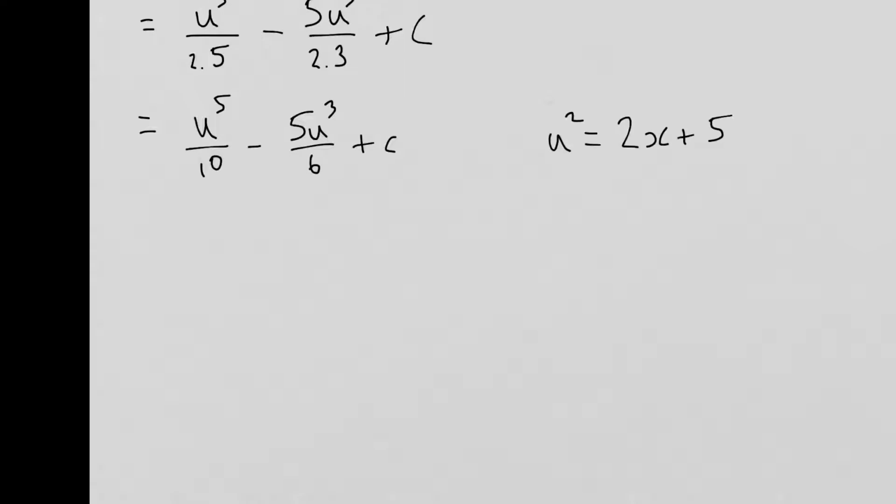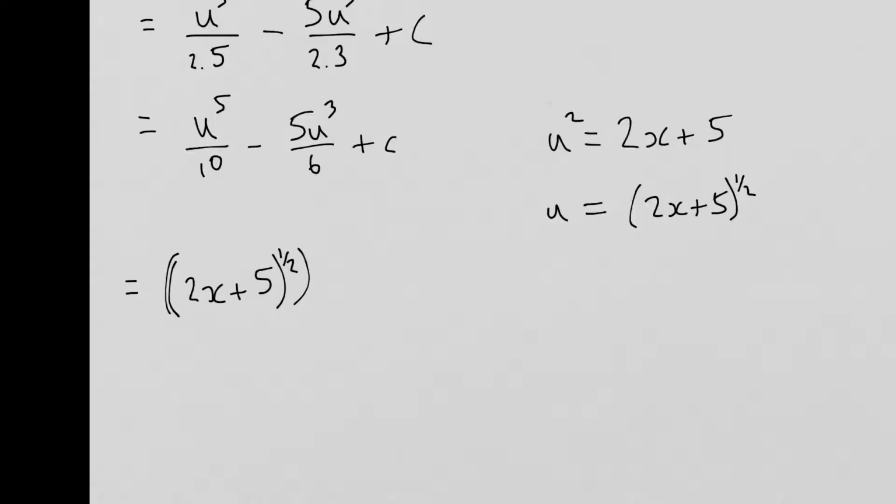Okay, so if I want to substitute for u, I'm going to be substituting in there 2x plus 5 to that power of a half. So in the first part, I'll have 2x plus 5 to the power of a half, all to the power of 5 there.